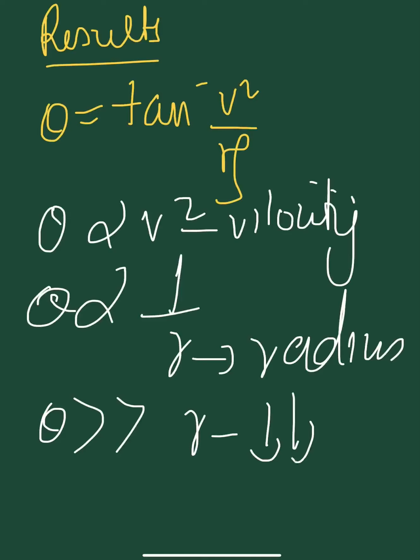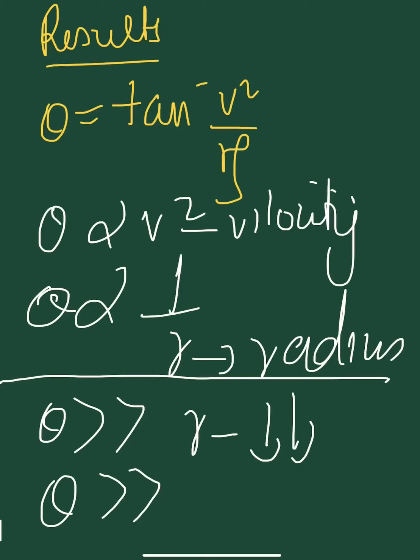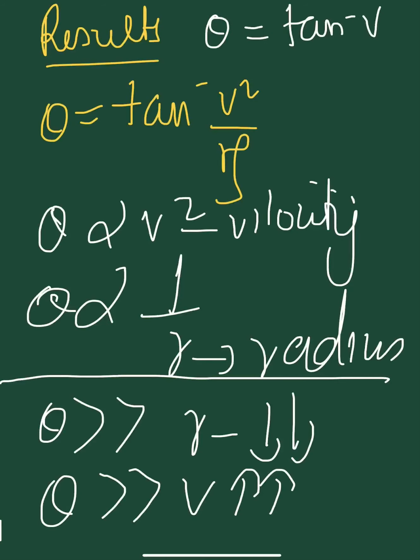In the same way, if the bending has to be large, the velocity must also be large, because theta is directly proportional to velocity square. As your formula says, theta is equal to tan inverse v square by rg. This shows that theta is directly proportional to v and inversely proportional to r.